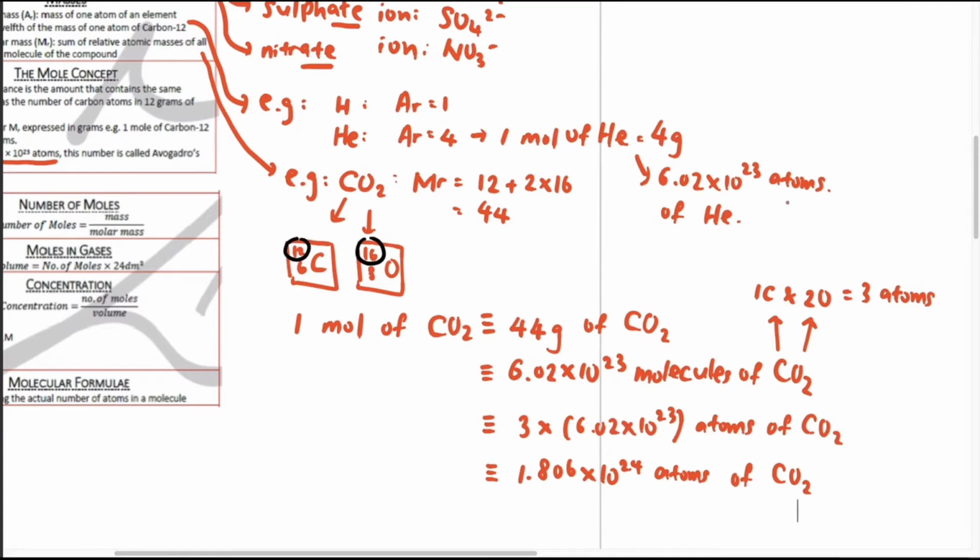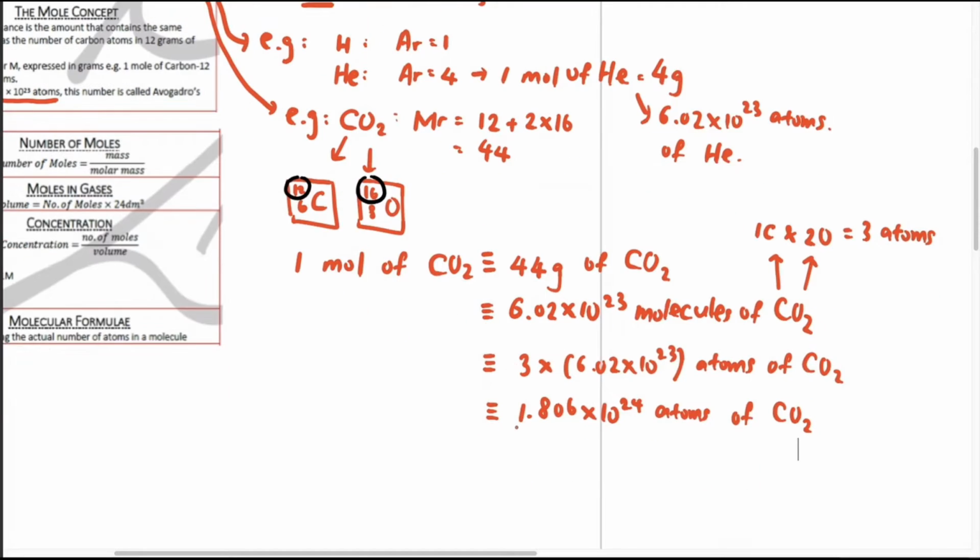So you have to be careful with the words used here. If this is atom, you use atoms. If carbon dioxide is molecule, then you use 6.02 times 10 to the power 23 of molecules. And if you want to find out the atoms inside, you have to figure out how many atoms are in the molecule, then multiply with that number.